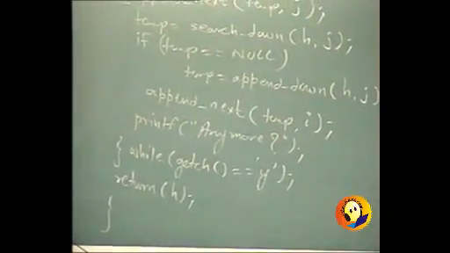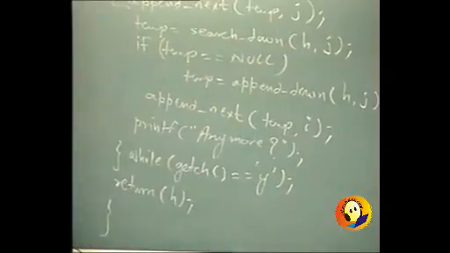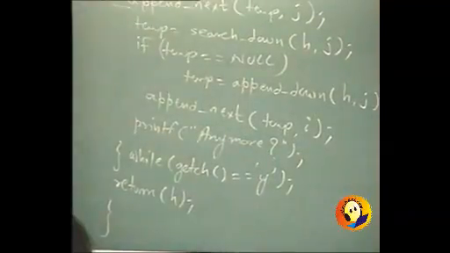Exactly the same procedure that we had discussed. Search for the first vertex. If present, append its next. If not present, append it in the down list and then append its next.